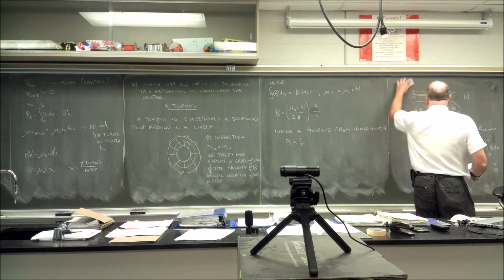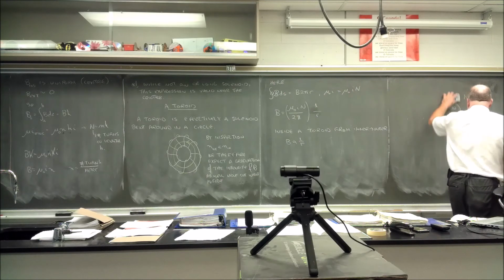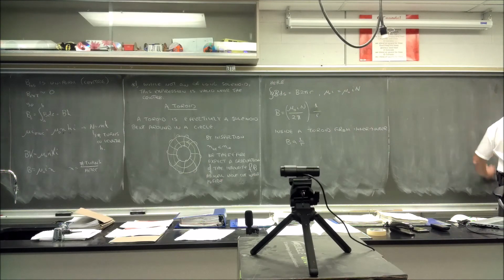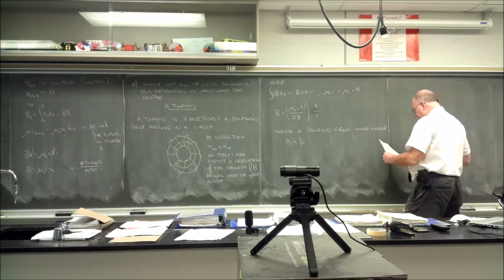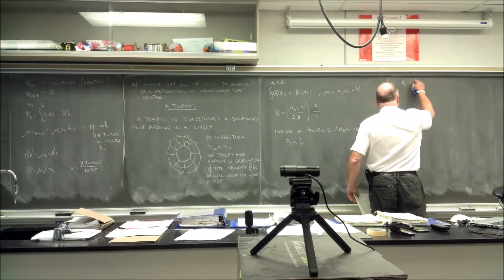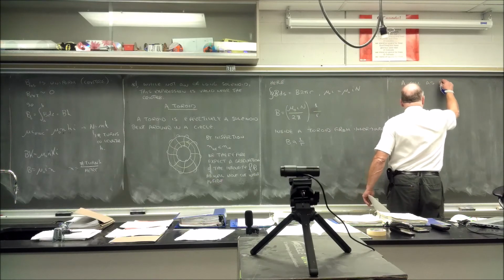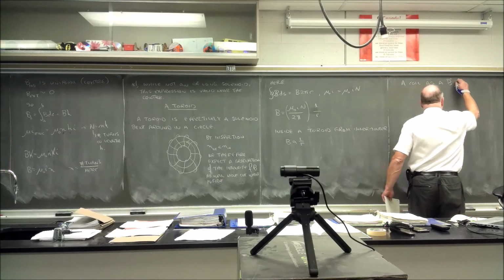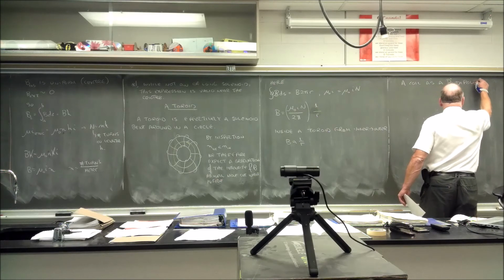I already mentioned the poles on this, but let's look at it a little differently. So a coil has a magnetic dipole, which I've kind of already alluded to.